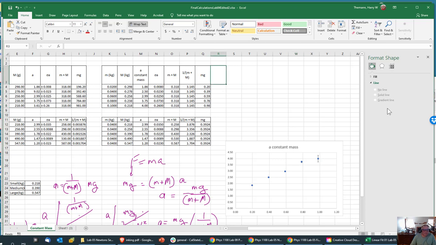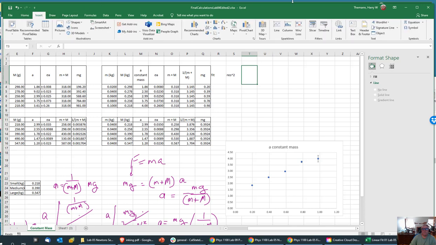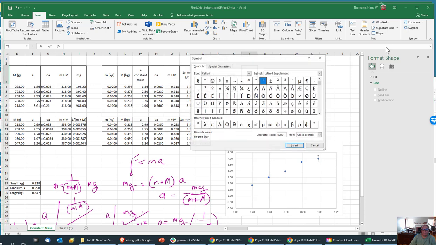So we're going to need our fit. We're going to need our residuals squared. I'm going to skip a step and go straight to residual squared. And then we have chi-square. Let's see if the chi is waiting for us. There it is.